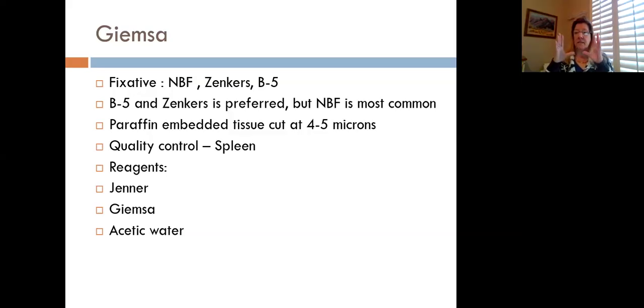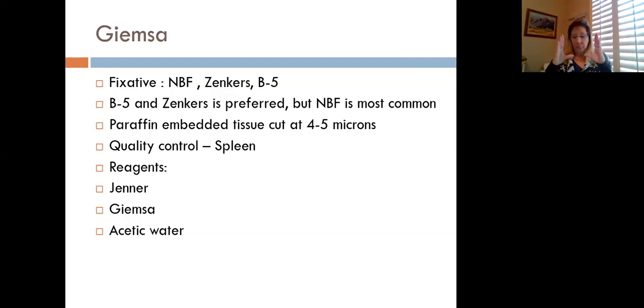we have this case, this patient, and we have to prove to the pathologist that all of the special stains that we ran on this case are proven to have worked.